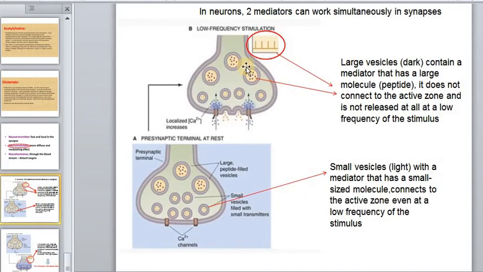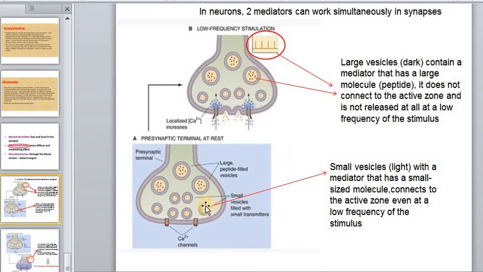Here you see big, large vesicles, and usually we say that they are dark vesicles, which contain a mediator that has a large molecule, for example a peptide. It does not connect with the active zone and is not released at all at a low frequency of stimulus.